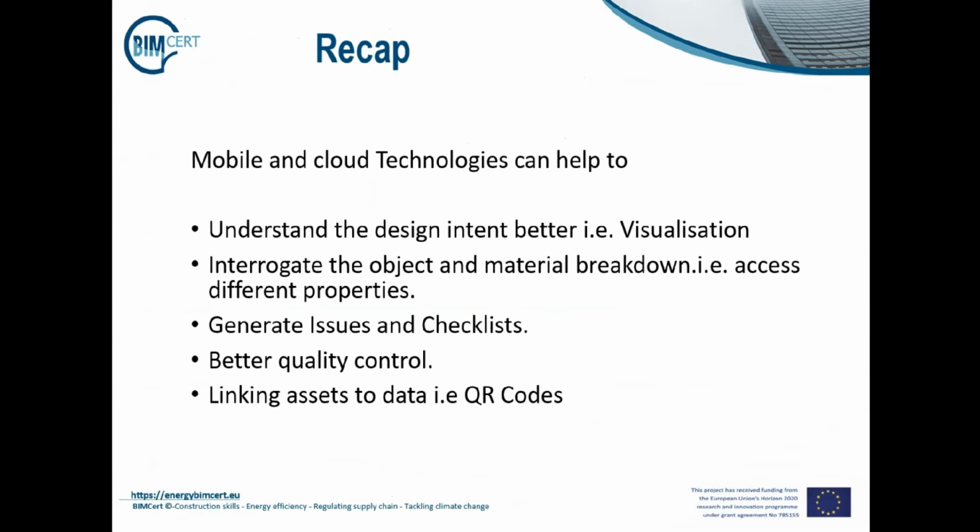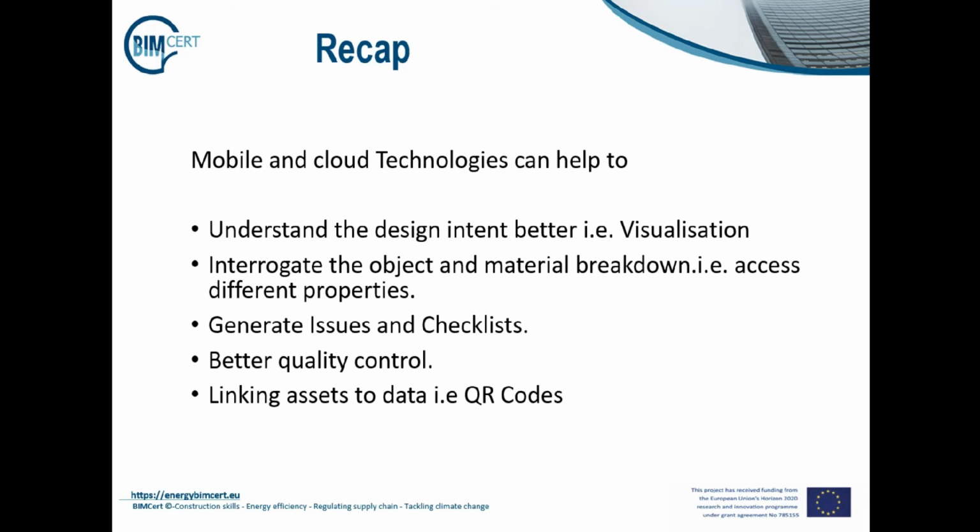So just to recap on Learning Outcome 2.2 in the Digital Skills Training Unit, let's look at some of the key benefits that can be gained from mobile and cloud technologies. They can help understand the design intent better, i.e. through visualizations and walkthroughs.